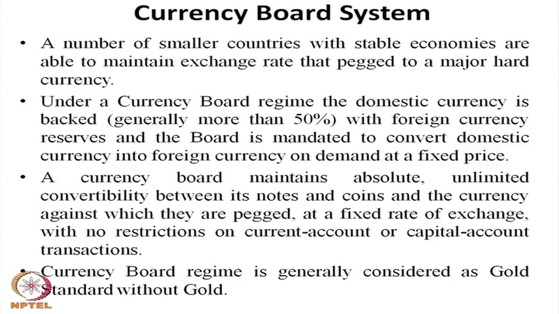A number of small countries with stable economies are able to maintain an exchange rate that is pegged to a major hard currency. A small economy, that is a banana type economy, depends entirely on its export and import. They generally peg their domestic currency with a hard foreign currency, particularly the US dollar, pound sterling, euro or Japanese yen. Why are they doing this?